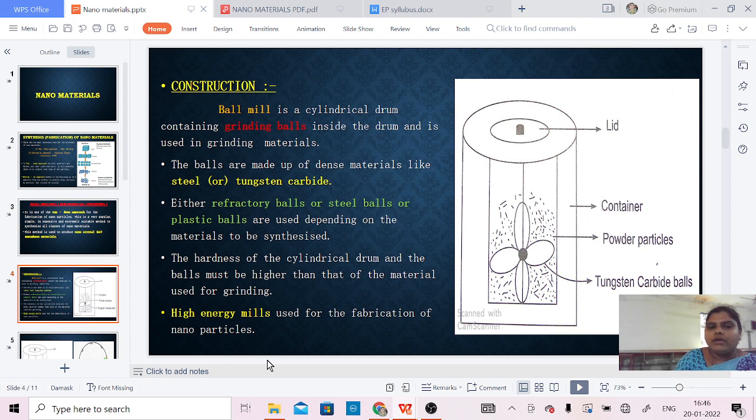Either refractory balls, steel balls or plastic balls are used depending on the materials to be synthesized. The hardness of the cylindrical drum and the balls must be higher than that of the material used for grinding, because if more stress is applied, it will break into a powder. So high energy mills are used for the fabrication of nanoparticles.